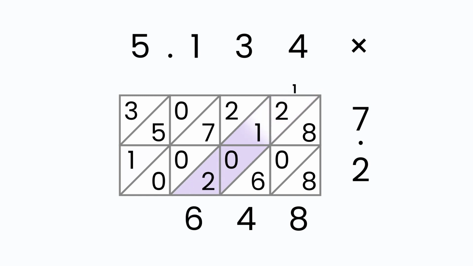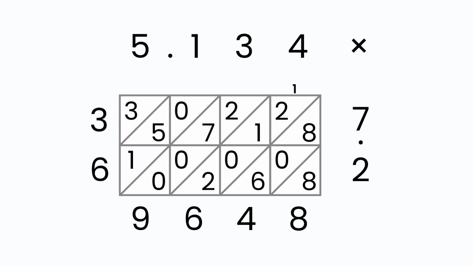So write 6 under the column. The next diagonal is 2 plus 7 plus 0 plus 0, which equals 9. The diagonal after that is 0 plus 5 plus 1, which is 6. And the last is just 3.